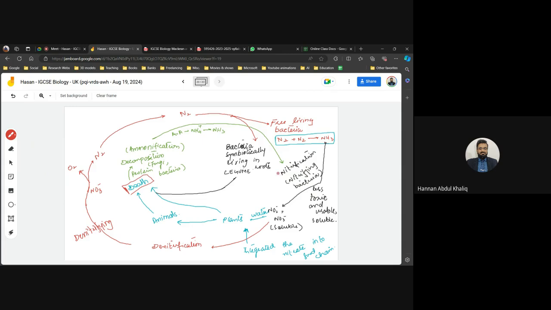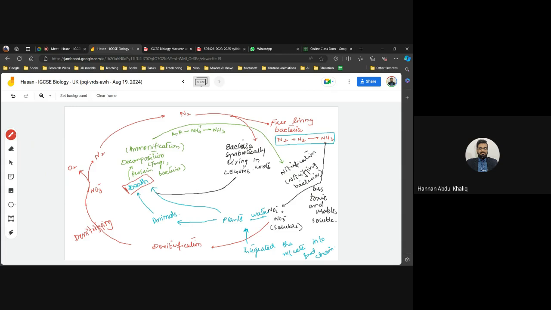It depends upon the presence of bacteria which can convert them back to nitrogen right after getting fixed. The denitrifying bacteria can remove the nitrogen and oxygen from the nitrate, returning the nitrogen back to the environment. So this is one of the technical points.